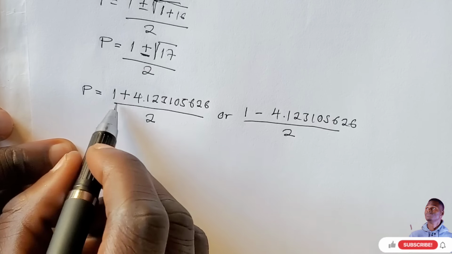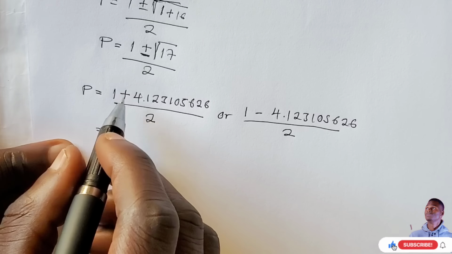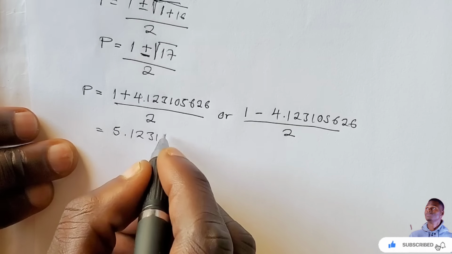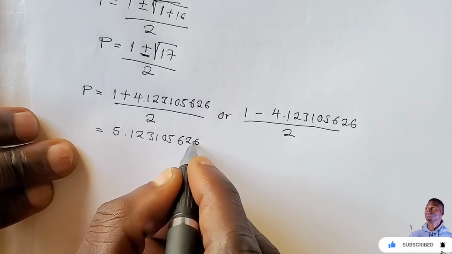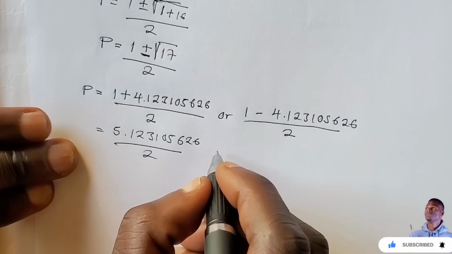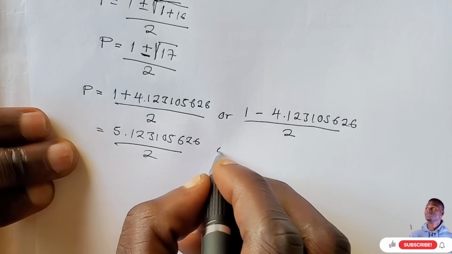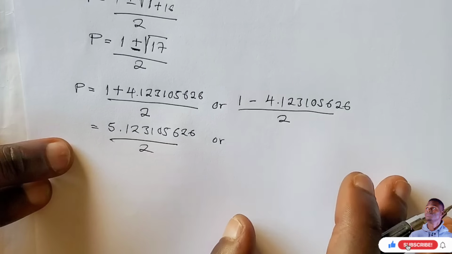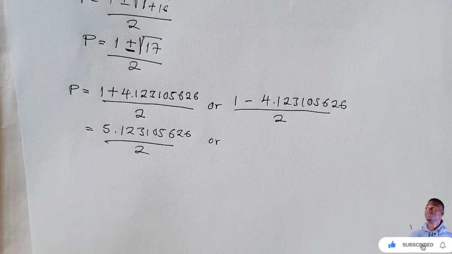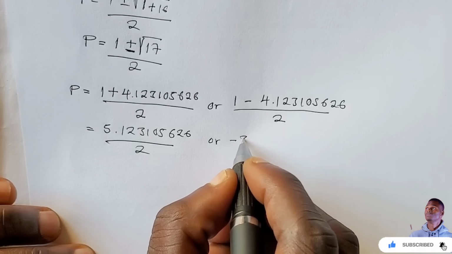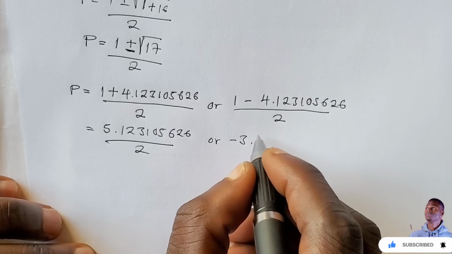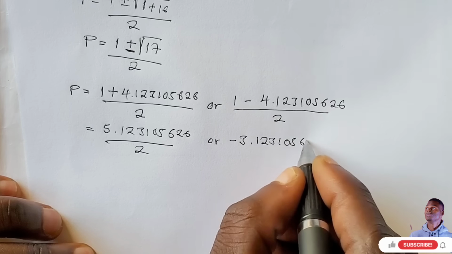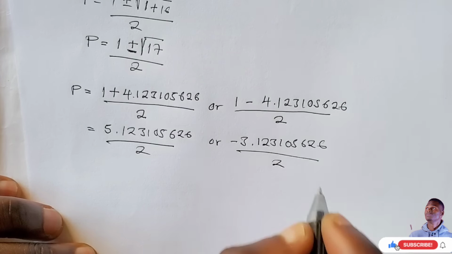If you do the calculations very well, you're going to find 5.123105626 over 2. Then this side you're going to find negative 3.123105626 over 2.